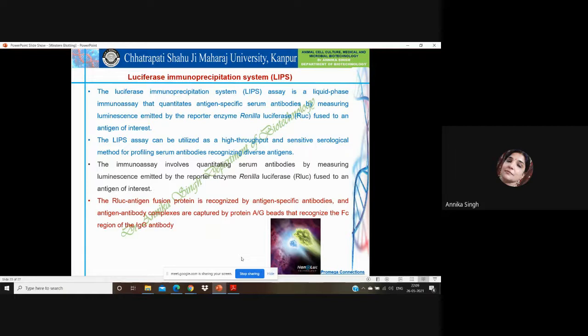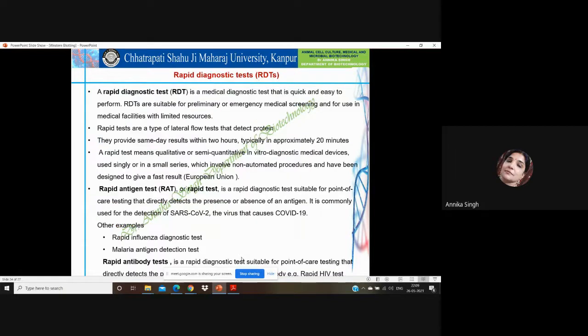By this way, the presence of an antigen-specific serum antibody can be detected with the help of this luciferase immunoprecipitation system assay.